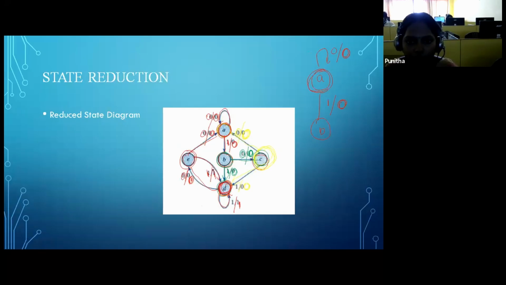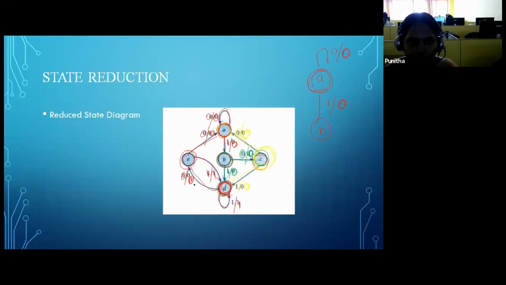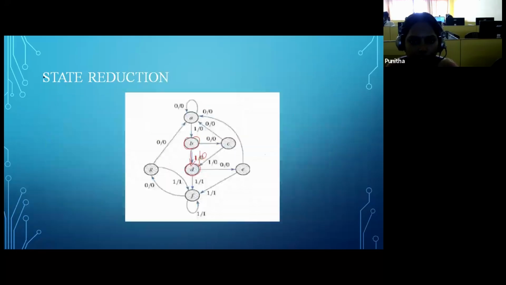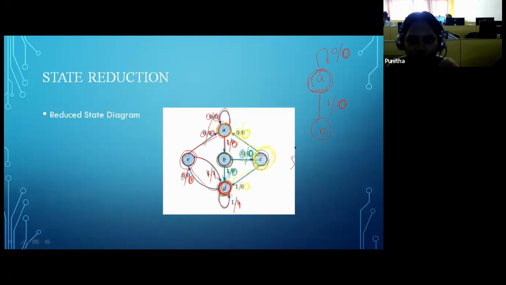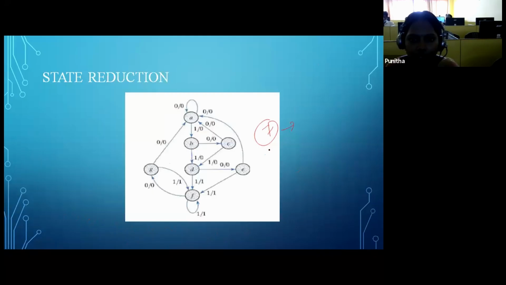According to this state table, I have drawn the state diagram. Previously, you looked at the given diagram. This is my given diagram, in which I have 7 states: 1, 2, 3, 4, 5, 6, 7.